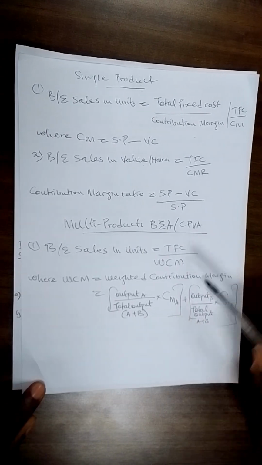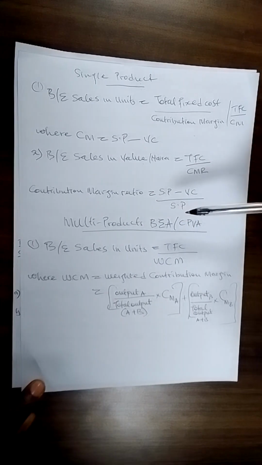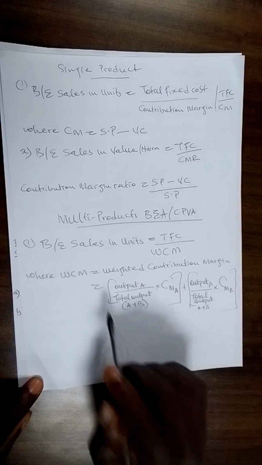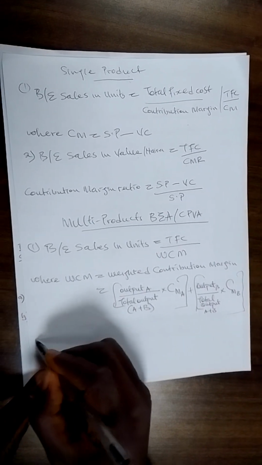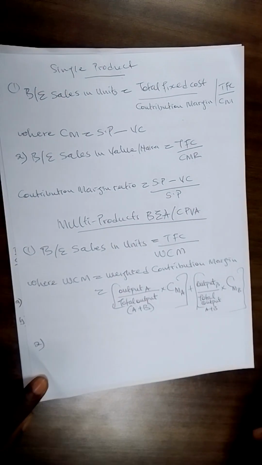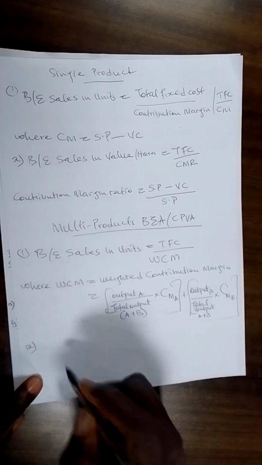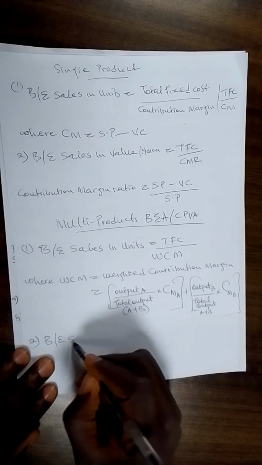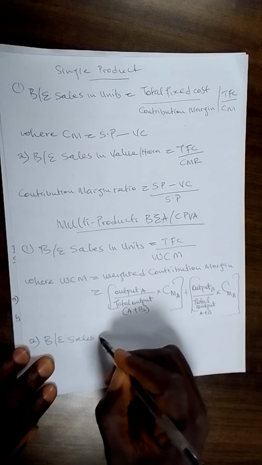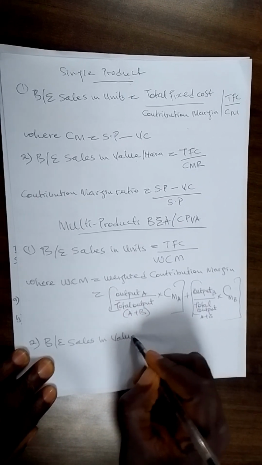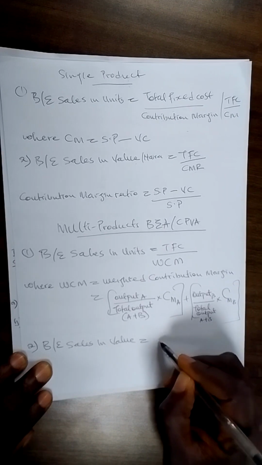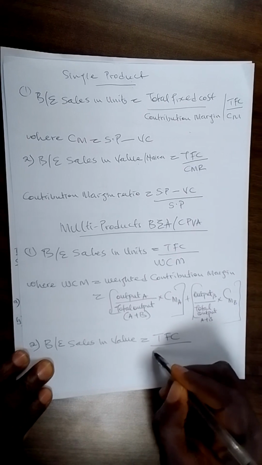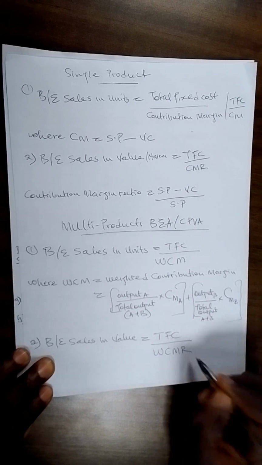So we use this under multi-product break-even analysis. This is the first formula. Then the second one under multi-product is where you are asked to compute break-even sales in value. This is going to be total fixed costs all over WCMR.